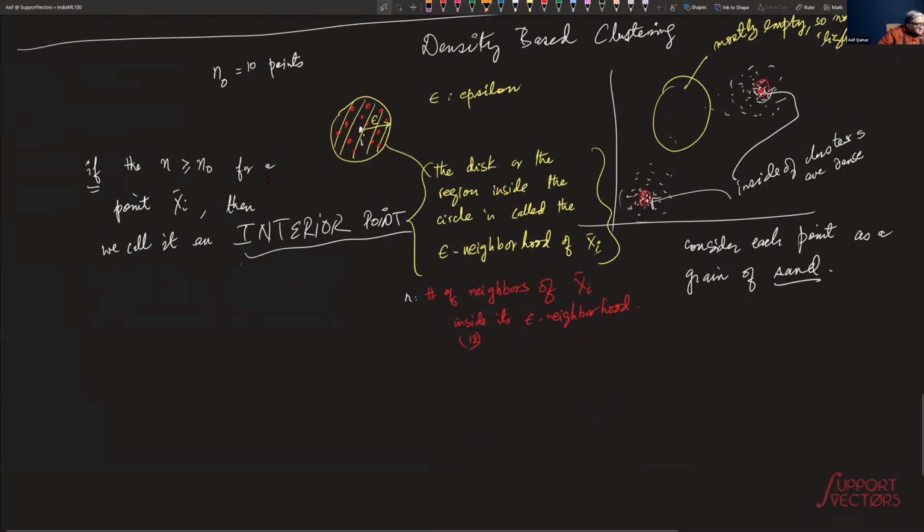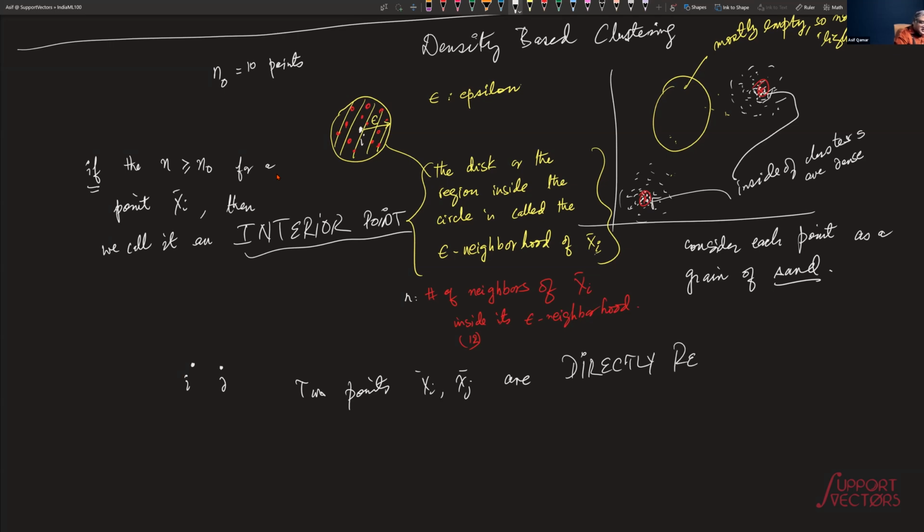The way the argument is built up is pretty elegant, actually. It says that two points, i and j, xi and xj, are, and they use this word, directly reachable, if and only if, by the way, this word iff stands for if and only if.